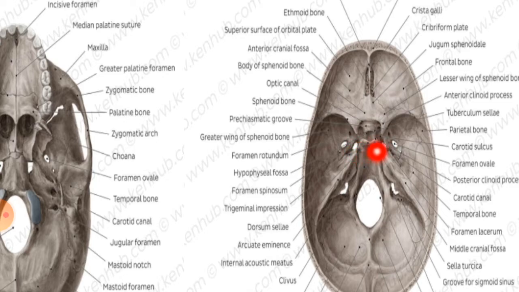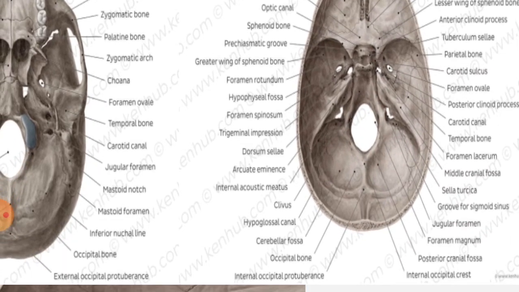This is also called the hypophyseal fossa or the sella turcica. Then this part over here is called the posterior cranial fossa, and this is formed by the occipital bone, and here is a very large hole called the foramen magnum, from which your spinal cord or the brain stem passes, and also the vertebral arteries.